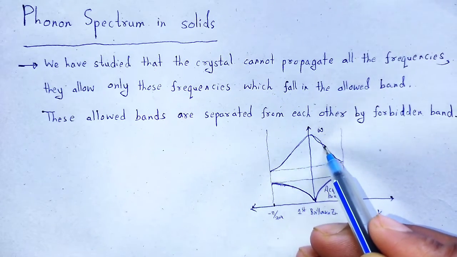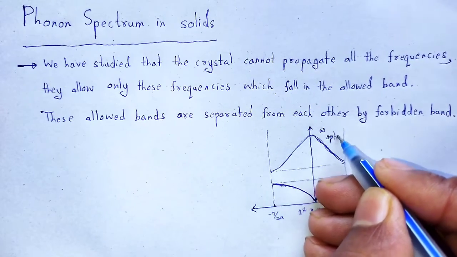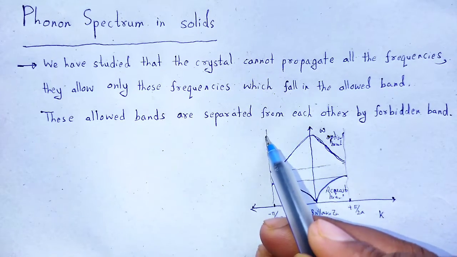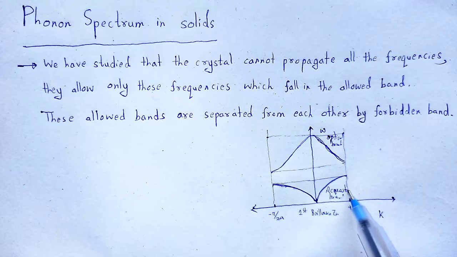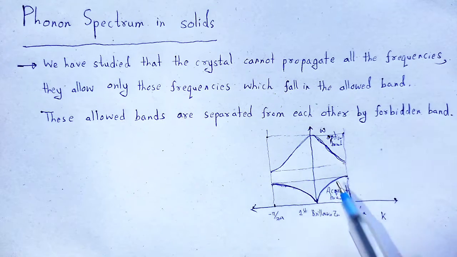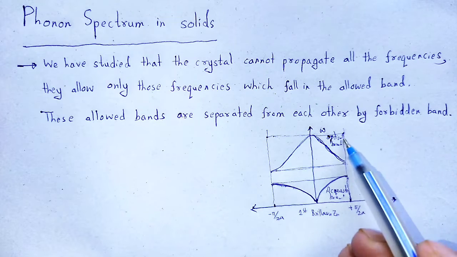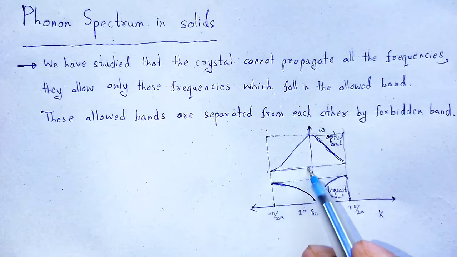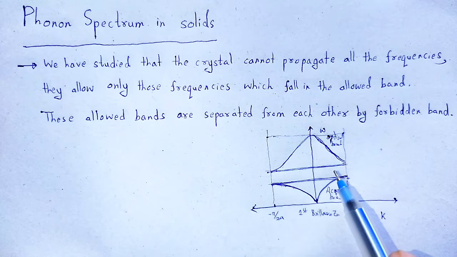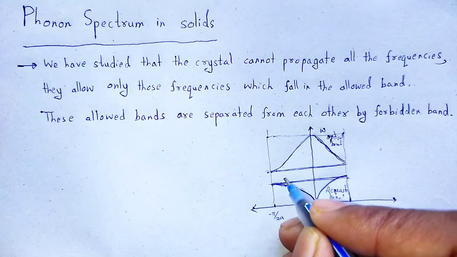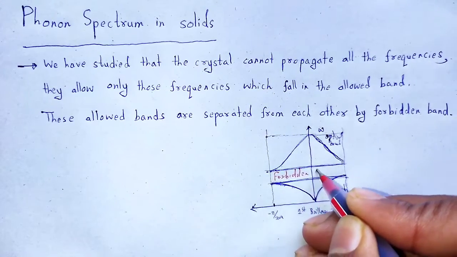Next, that line is the optical branch. For the acoustic branch, the frequency within its range is allowed, and again for the optical branch, the frequency within its range is allowed, but in between those frequency ranges there will be no allowed lattice vibration, and that range is known as the forbidden band.